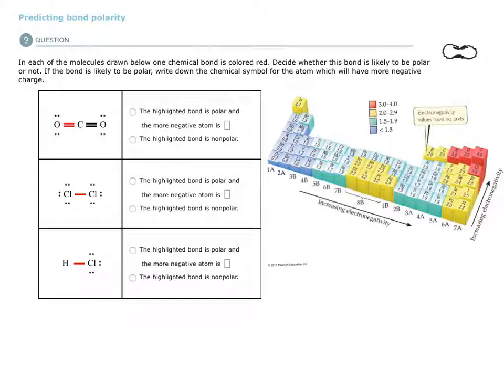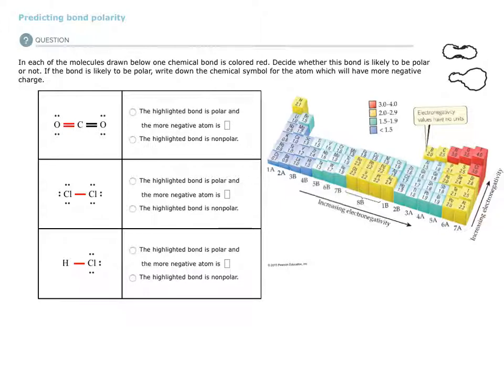If it's unequally shared, you might have something like this, like a chicken leg, where one element is pulling on the electron pair more than the other, and so it's spending more of its time in the right hand neighborhood in this case than the left hand. Okay, that's polar.